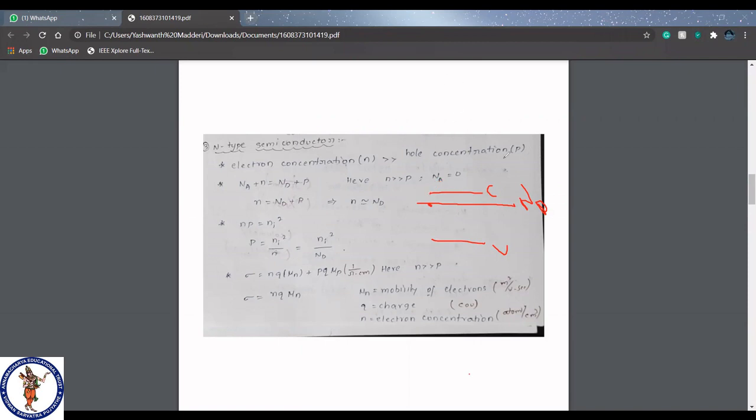Let's say we are observing for 3 different temperatures, let's say at 0 kelvins. What is the process at 0 kelvins?